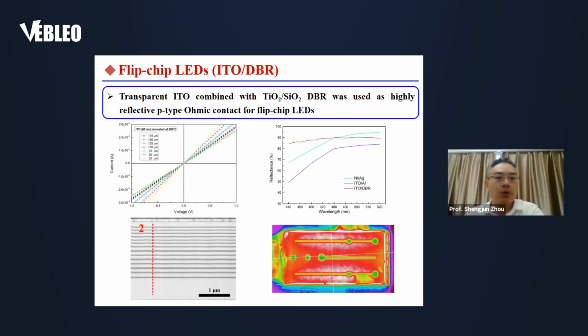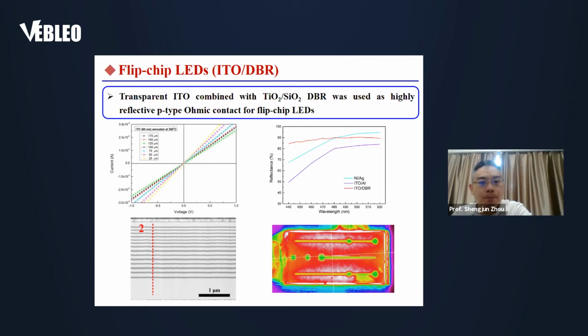Transparent ITO combined with distributed Bragg reflector was used as highly reflective p-type ohmic contact for flip chip LED.